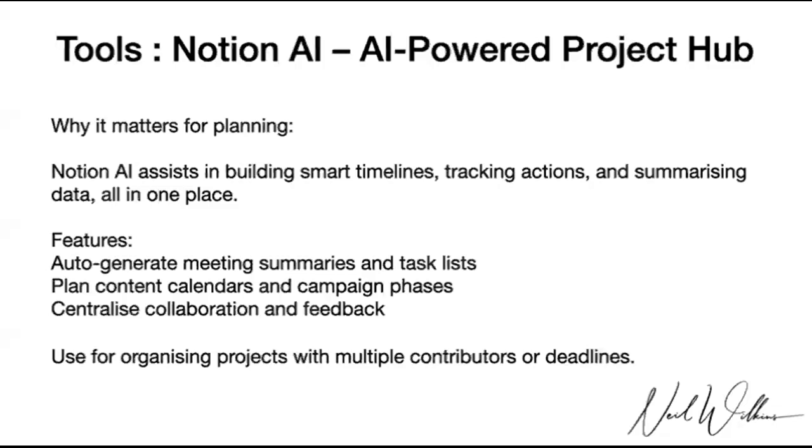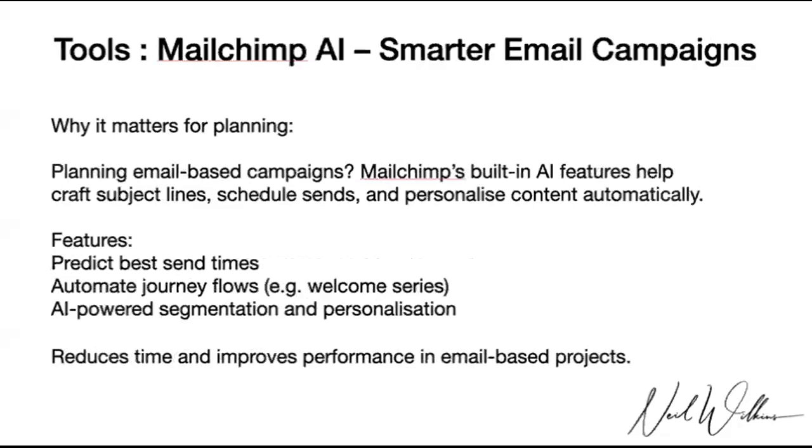It features and will auto-generate meeting summaries and task lists, helps you to plan content calendars, and maybe if you're doing campaigns, some campaign phases, and it'll centralize the collaboration and feedback. So a great tool if you want to go deeper into actually running projects and programs. That one can be really useful.